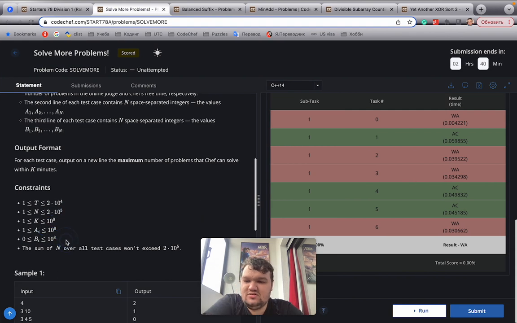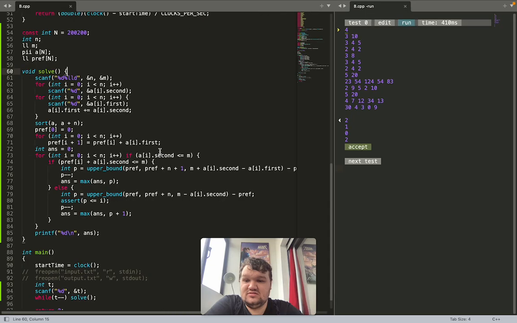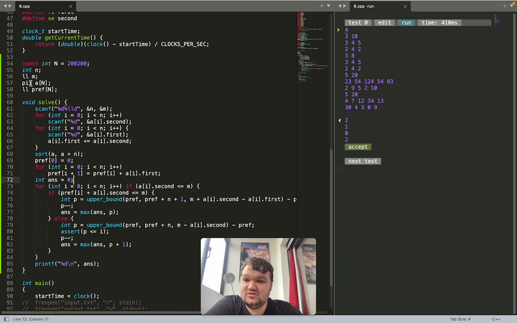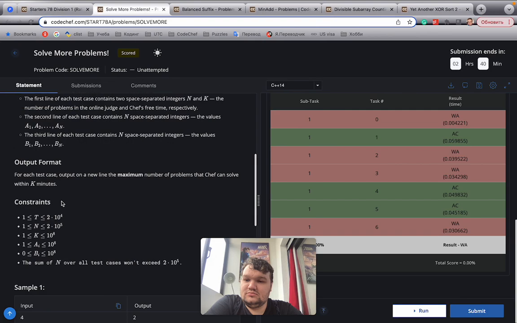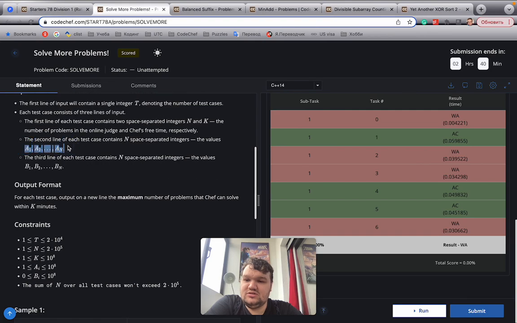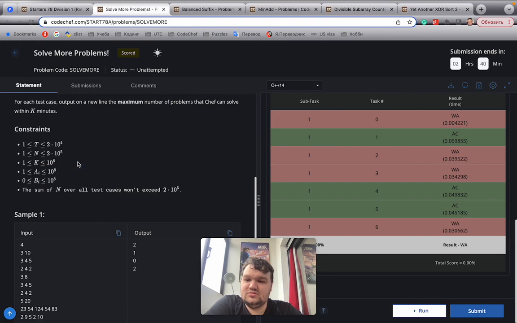They fit in integer. Their sum also fits in integer. Sum over everything does not fit in integer, but it's long. Read all A's, then read all B's.